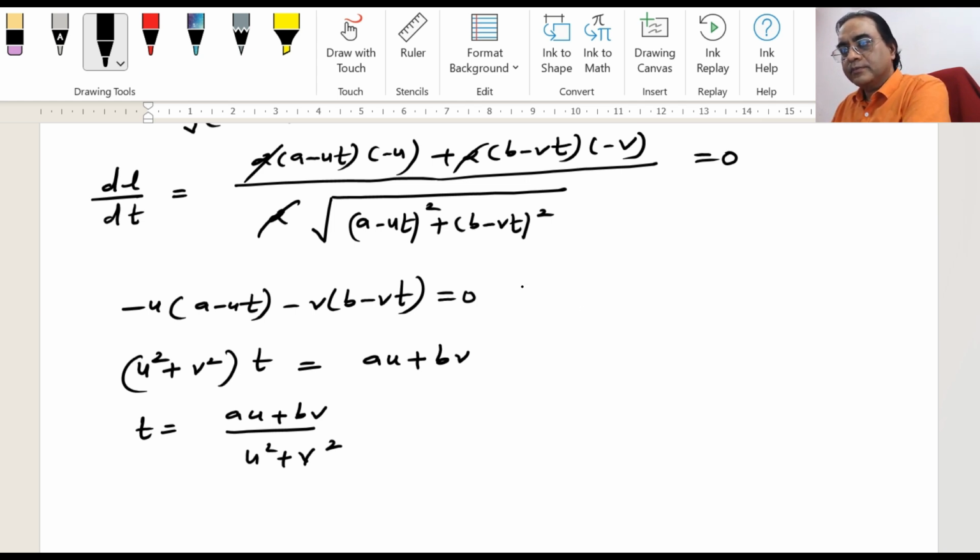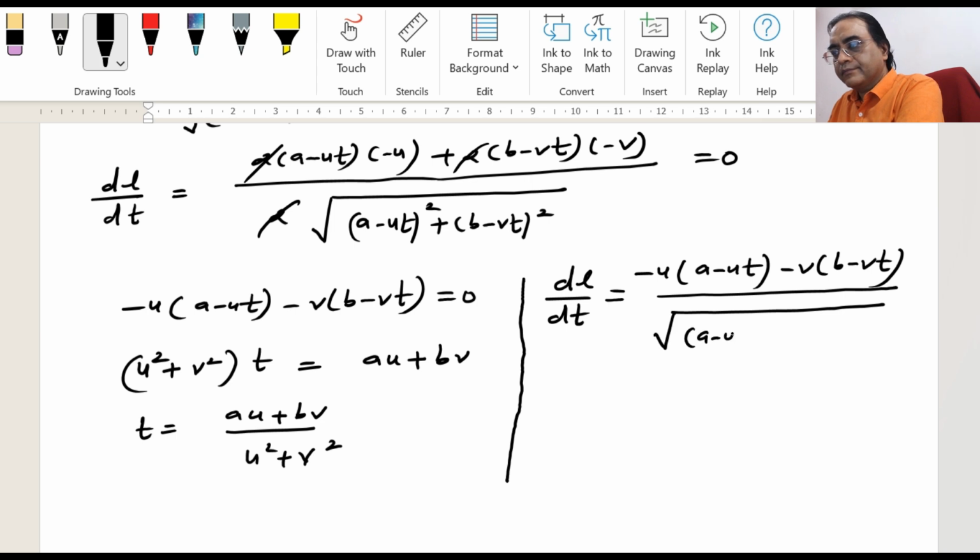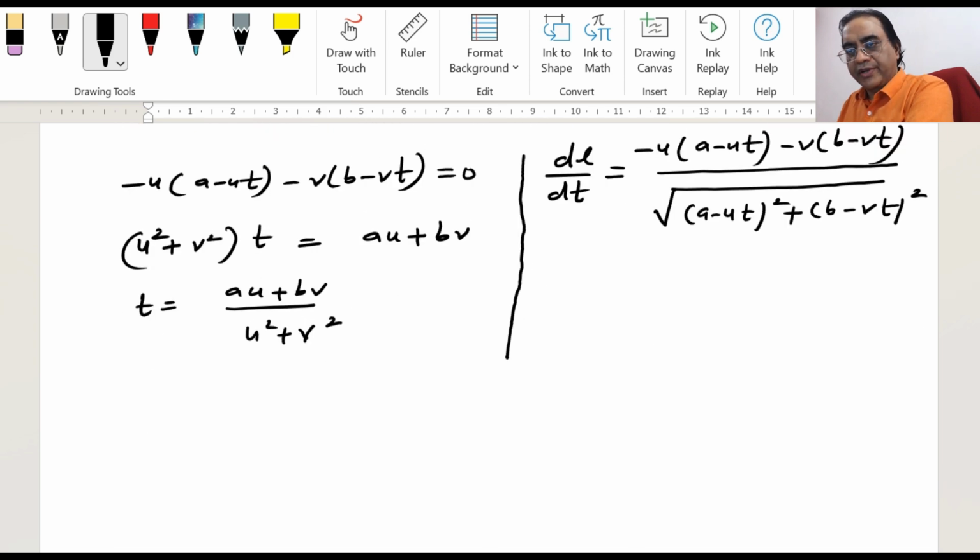So dL by dt is this, and we need to differentiate it further. So let's do it here.